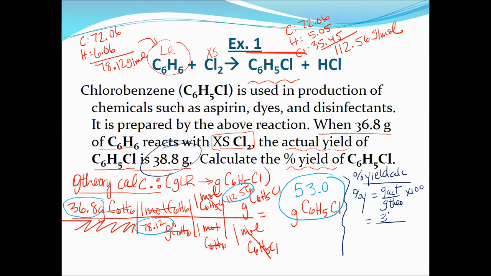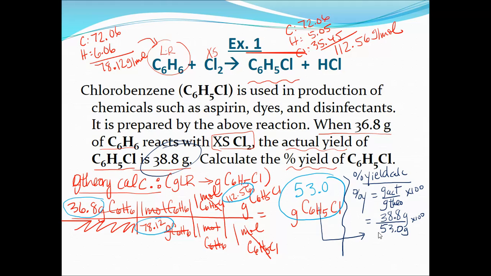So that plugs in here. So again, here's where you've got to use your context clues. And we just figured out the grams theory. This is the maximum you could make if you made 100% yield. So 53.0 times 100.